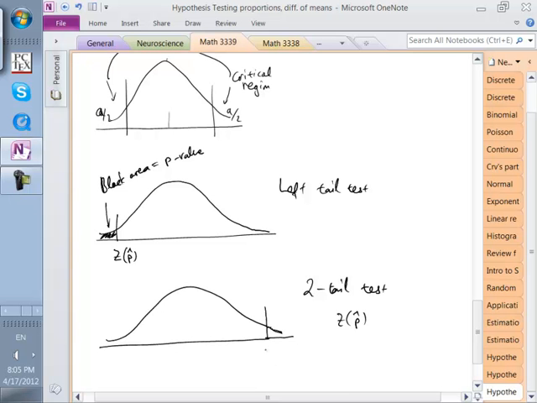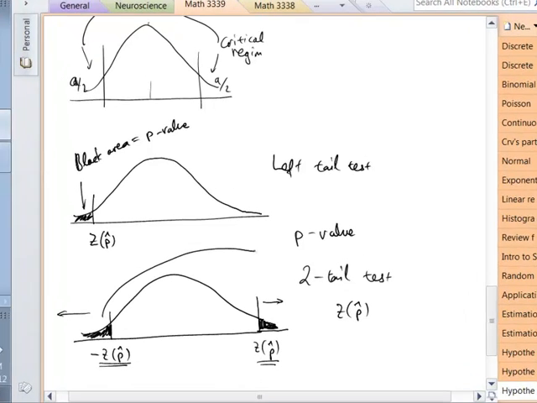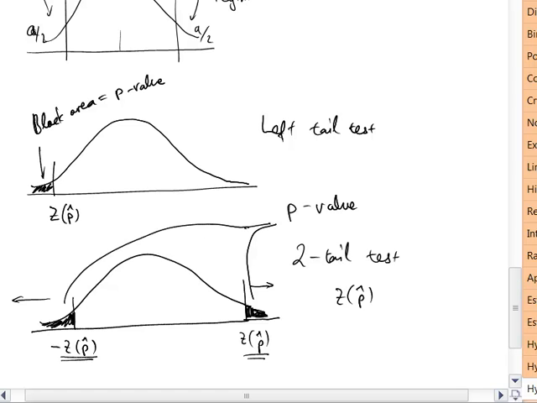Say that it falls to the right. You put it here, but you also mark automatically the symmetric one on the other side. And now you mark correspondingly two areas, one on the left of this value and the other on the right of this value. And the p-value is the sum of the two areas.